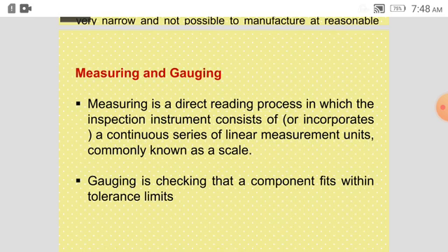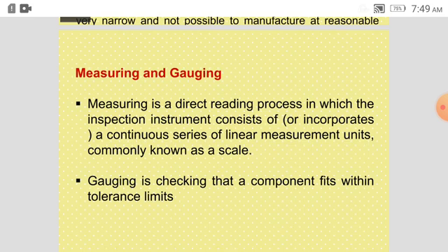Gauging is preferable because it can be done by any unskilled person. There is no need for knowledge of taking readings, and we can do it randomly. So we just check the dimension, whether it is undersized, oversized, or basic size, with the help of gauges.